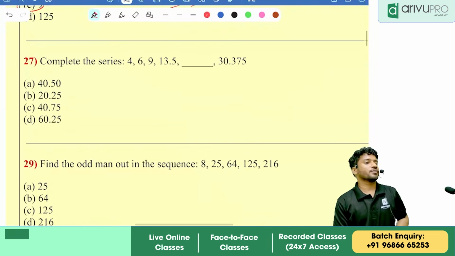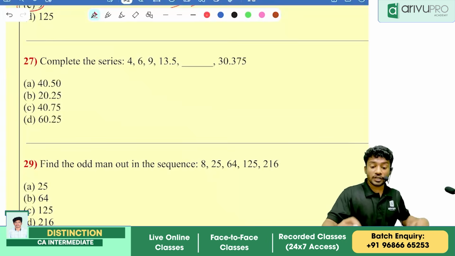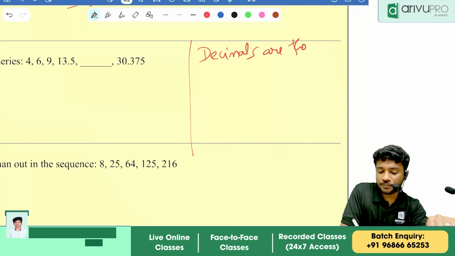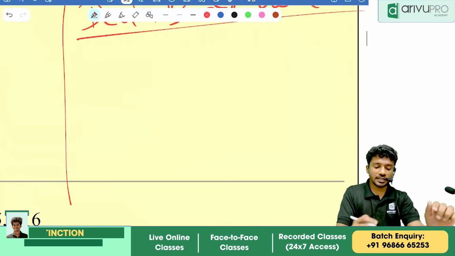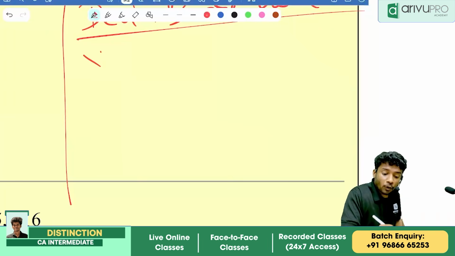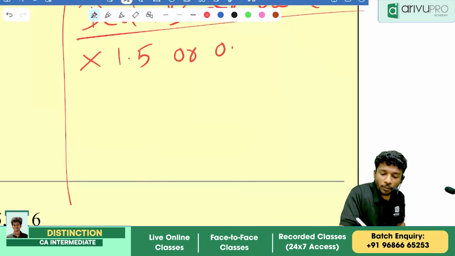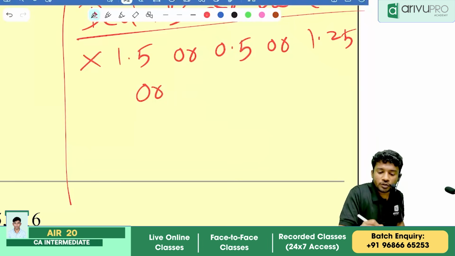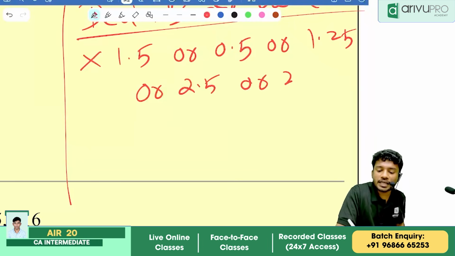Next question. Whenever decimal points are included, make a note of it. Whenever decimals are there, there will be a product of either 1.5 or 0.5 or 1.25 or 2.5 or 3.5.